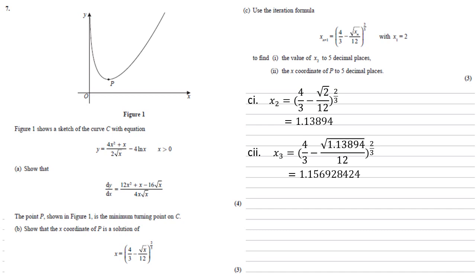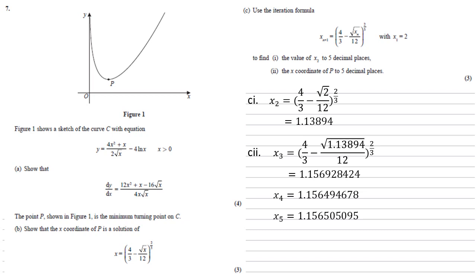1.156928424. At this point, using the calculator, I typed in the formula. Instead of putting my latest value for x in, I use the answer button, which then allows me to just keep pressing equals and getting the answers one after the other. So putting our new answer in gives us an x4 of 1.156494678.